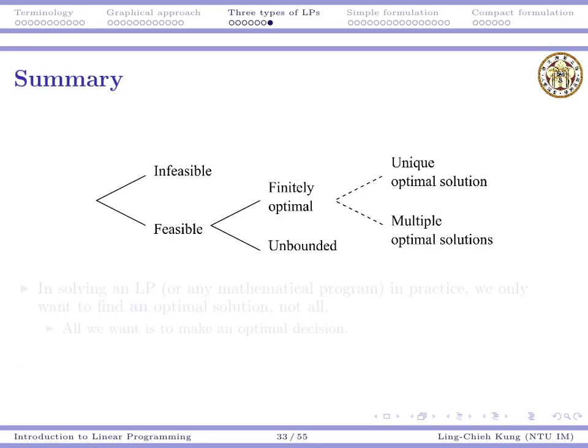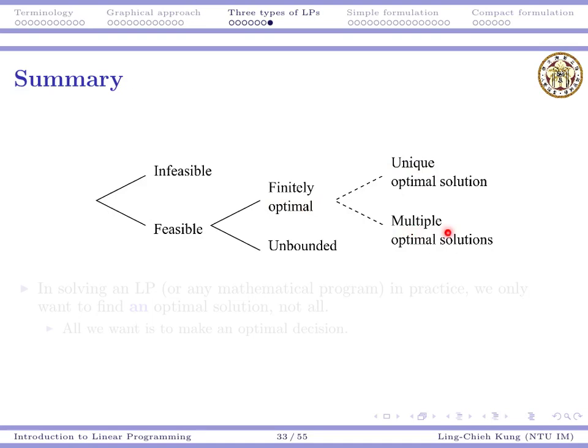So it is either infeasible or feasible, right? Because either you have no feasible solution or there are some. If there are some, then you worry about whether there is an optimal solution or not. If we say an LP has no optimal solution, it's either infeasible or unbounded. If there is an optimal solution, then it may be unique or there may be multiple optimal solutions.